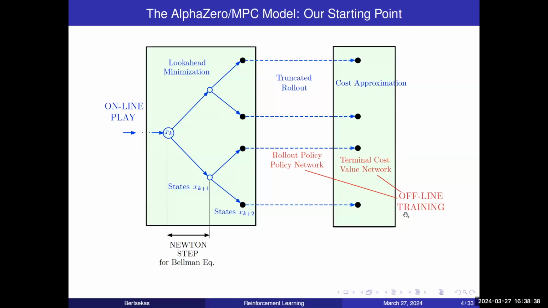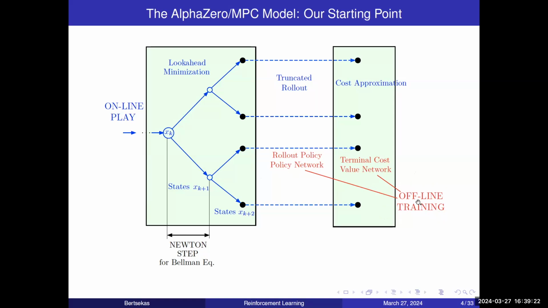There are some key differences between the offline training and online play components. To start with, offline training is done, as the name suggests, offline. The goal is to train or obtain some terminal cost approximation or policy that approximates sufficiently well for almost all, if not all, states.